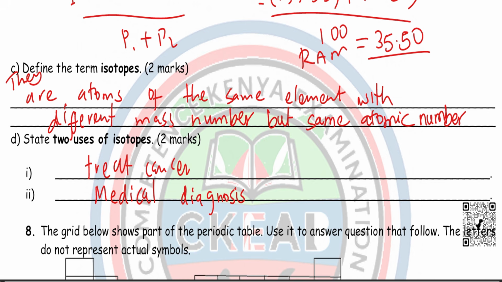Also, what else? We use them in dating rocks, especially carbon 12 and so on. Dating rocks helps us to know which century the rocks come from, how they look, how they are different from other rocks, and so on.